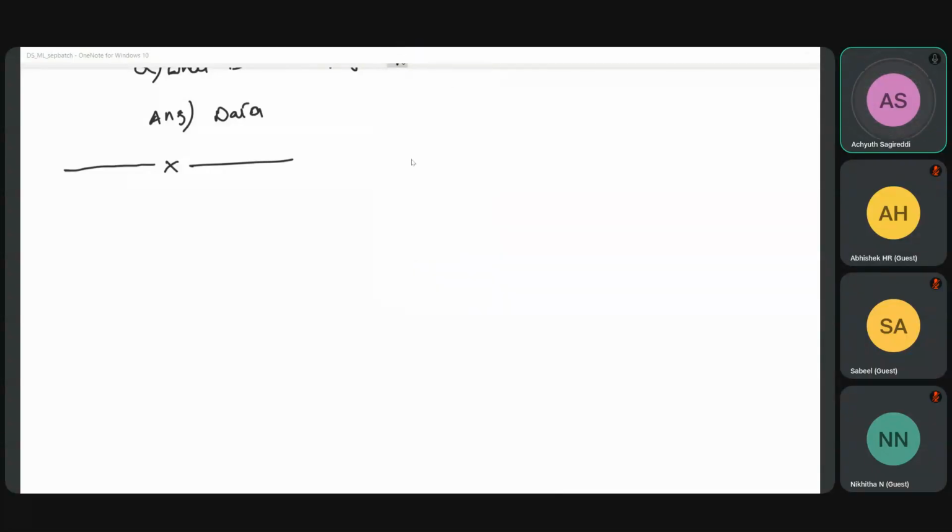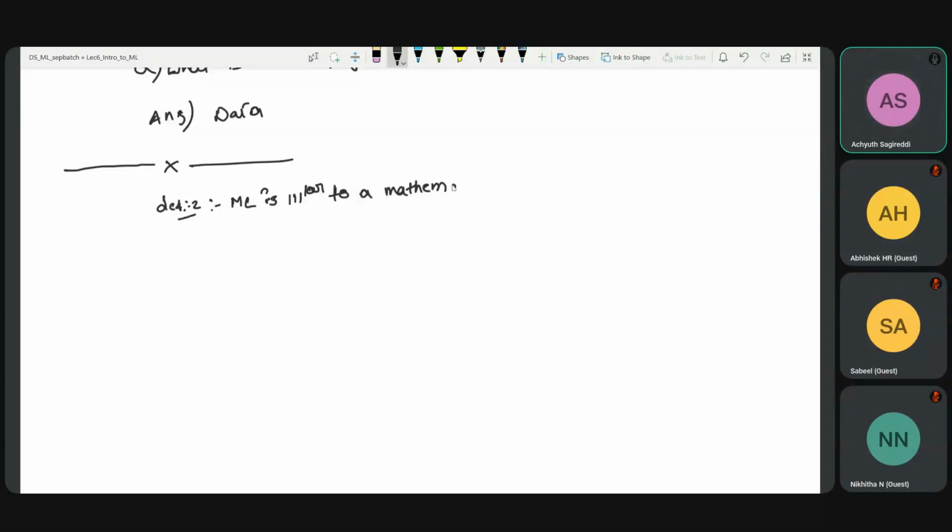Before going to that, let me give another definition of machine learning, definition 2. Machine learning is similar to a mathematical function.